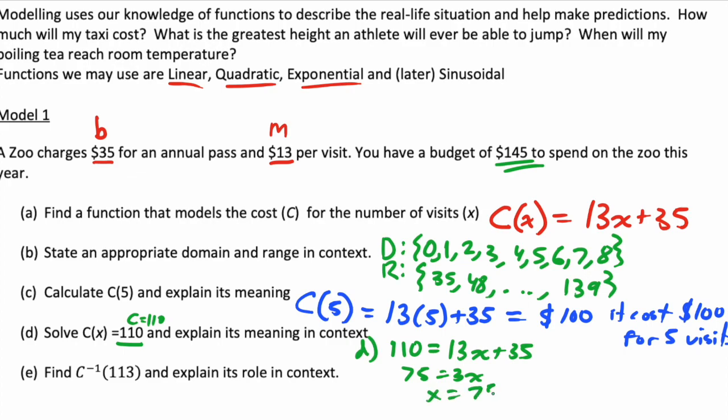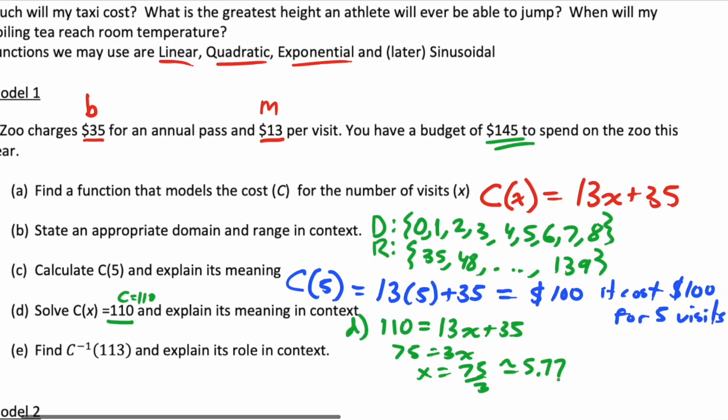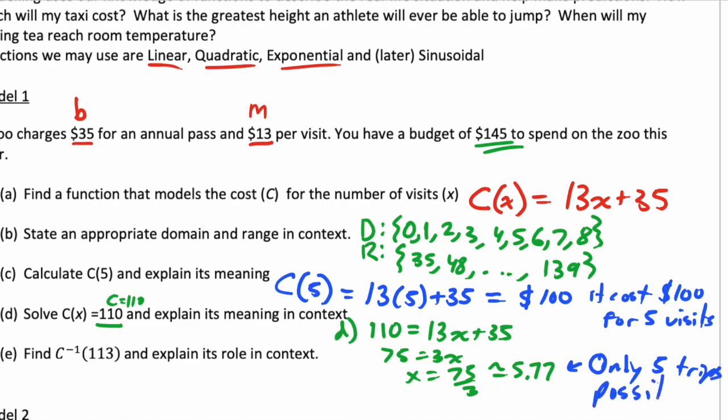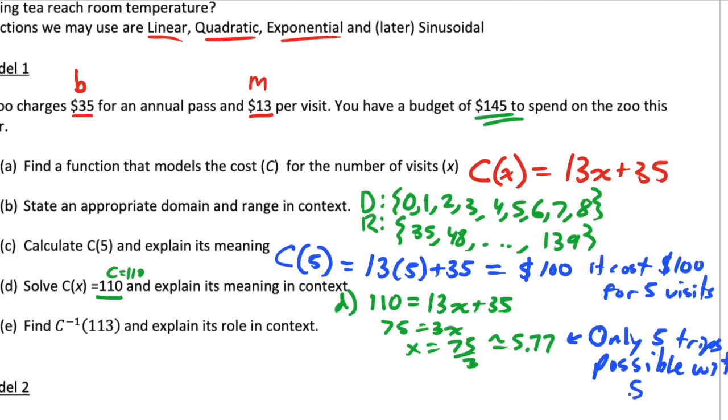X equals 75 over 13, which is 5.77. That means you can do 5.77 trips, which is not in the domain, so you can only do 5 trips. Okay, only 5 trips possible with $110.